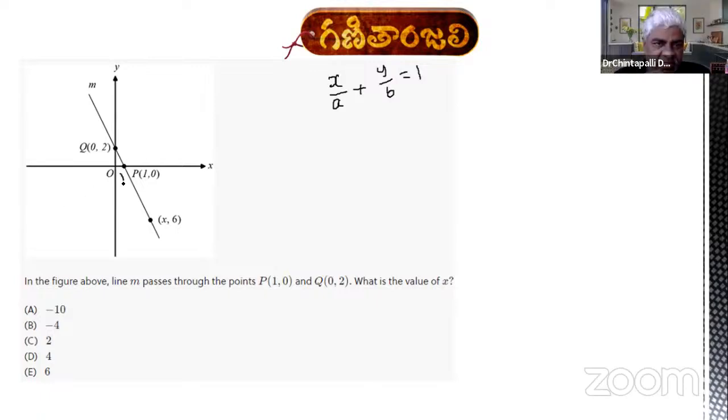Clearly, x intercept is equal to 1, y intercept is equal to 2. So x over 1 plus y over 2 is equal to 1. Plug in this point in it, x comma 6. That means x is x, y is 6.